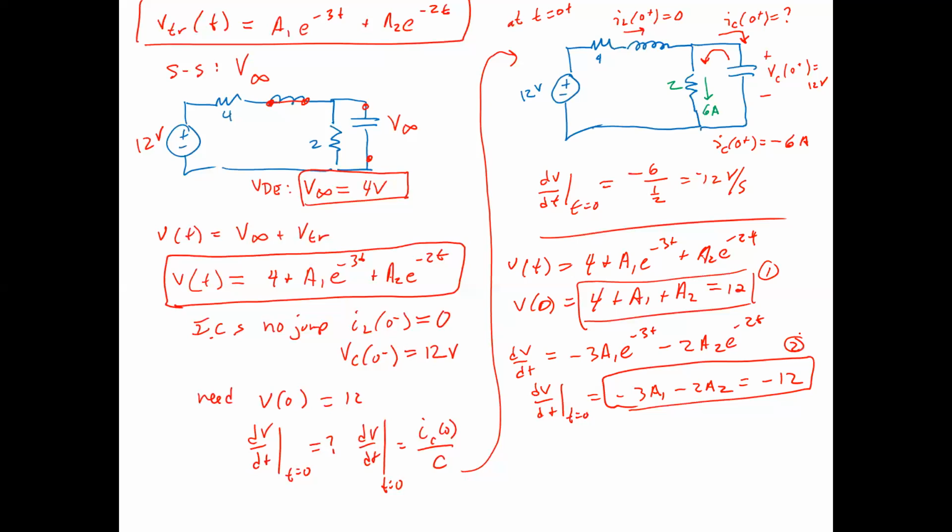So basically, a1 plus a2 equals 8, and minus 3a1 minus 2a2 equals minus 12. It says a1 equals minus 4 and a2 equals 12. That sound right?